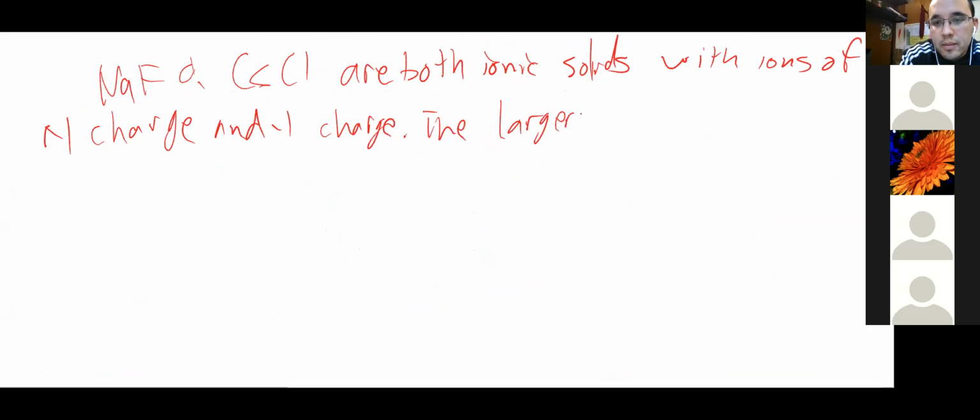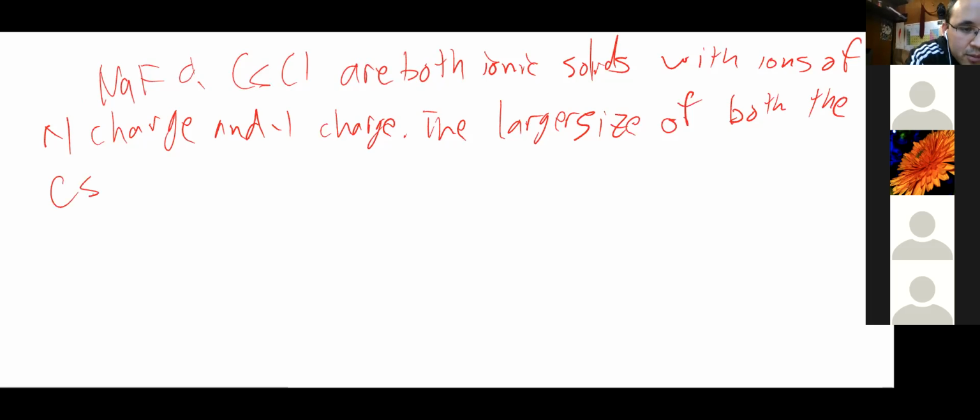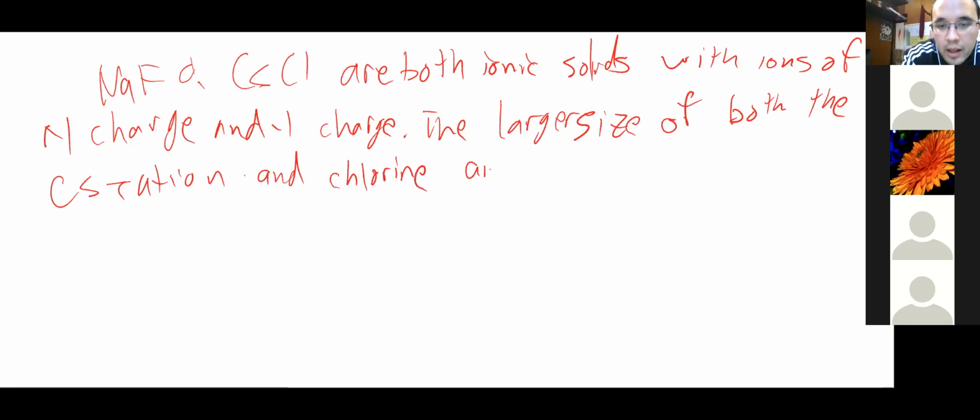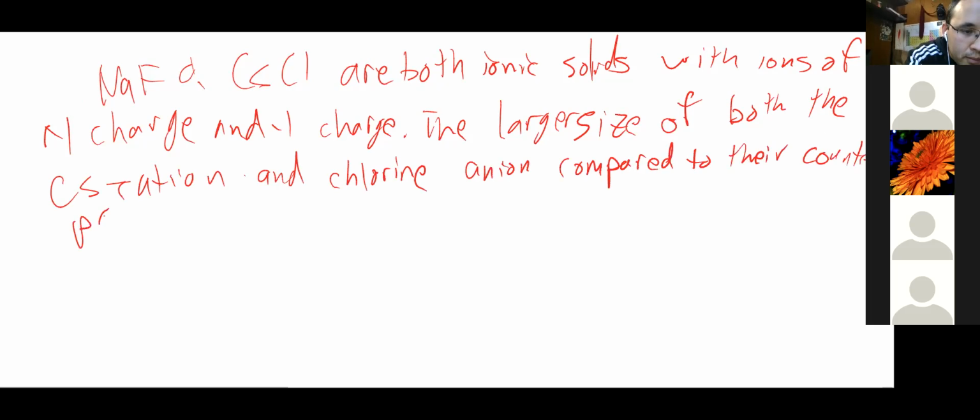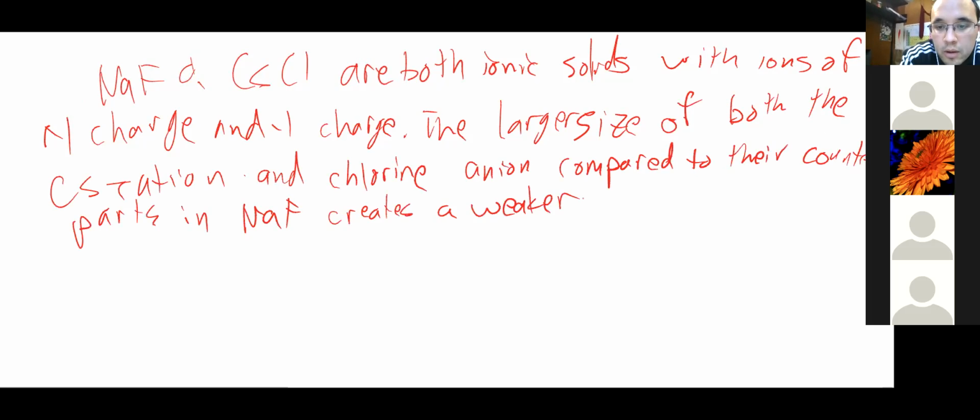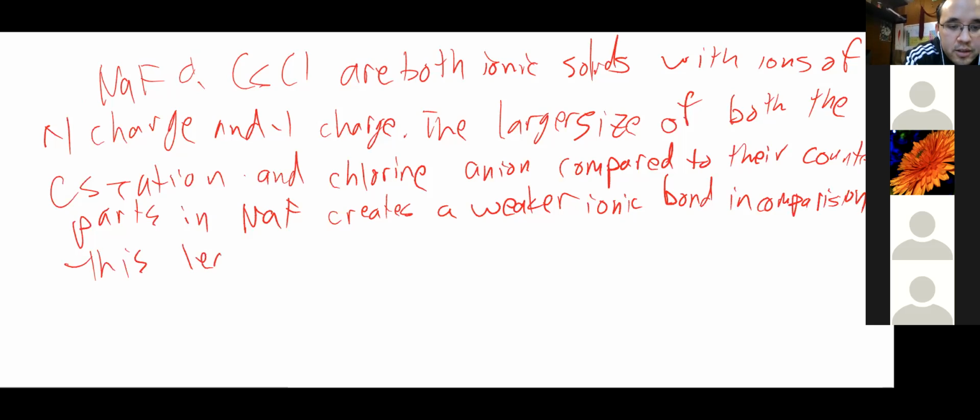The larger size of both the cesium cation and chlorine anion compared to their counterparts in sodium fluoride creates a weaker ionic bond in comparison. This leads to a lower melting point.